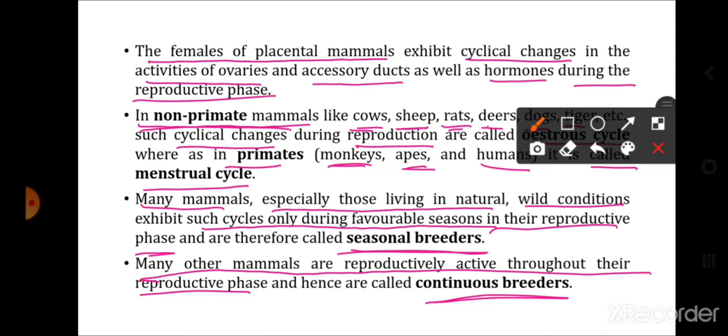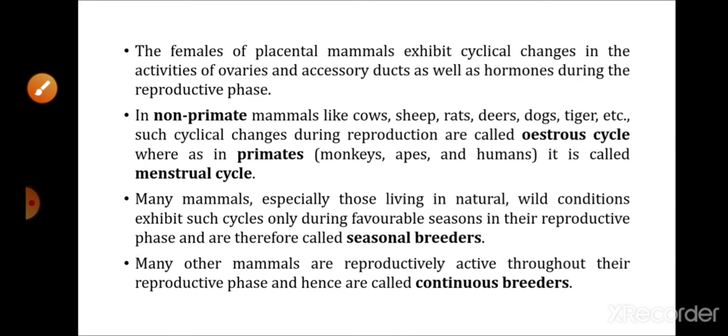Now, there are organisms which undergo this cycle only during the particular favorable season. Such organisms are called seasonal breeders, whereas most of the mammals are reproductively active throughout their complete reproductive phase, and such mammals are called continuous breeders.